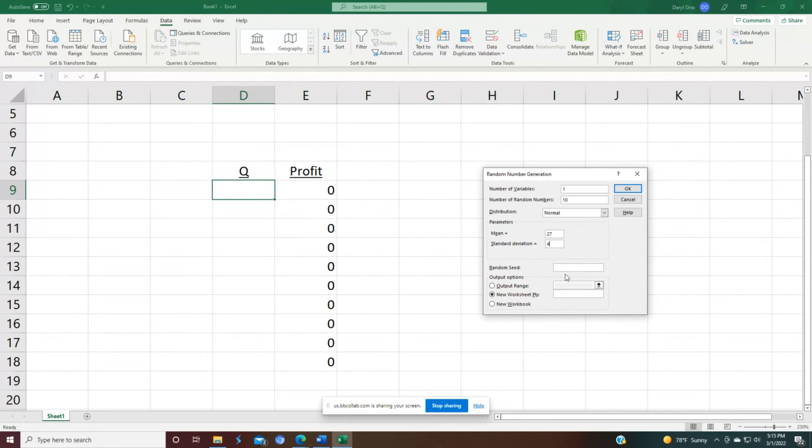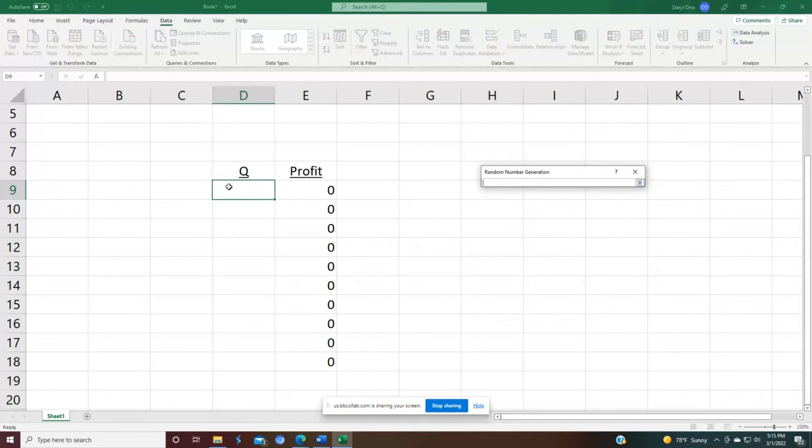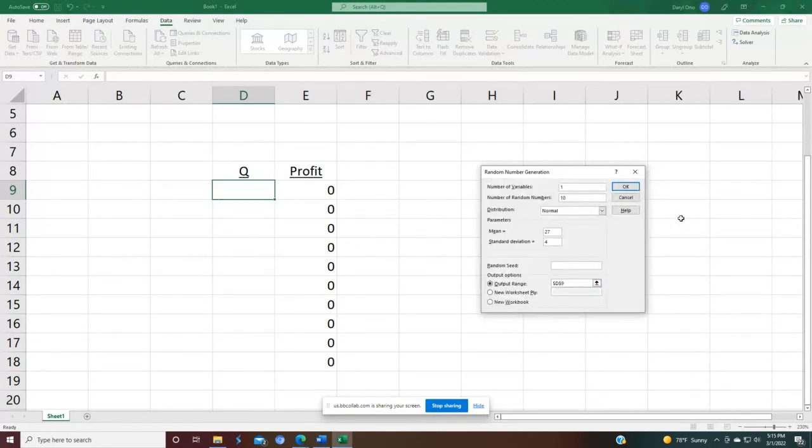Okay, random seed, you can just leave that blank. But now the output, where do I want it to start? It's going to start here and go down. So I want to put it right here. I want to start at D9 and go all the way down 10 times.